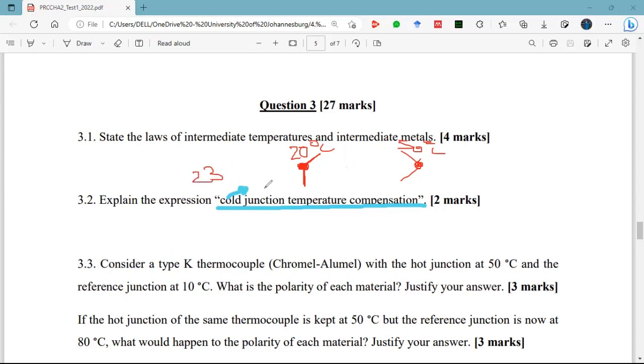According to the principle that led people to do this cold junction temperature compensation, it will be much closer to the temperature of your cold junction. So what happens now is they do something called cold junction temperature compensation. Basically, they adjust the temperature of the cold junction to be closer to the temperature that they're trying to measure.